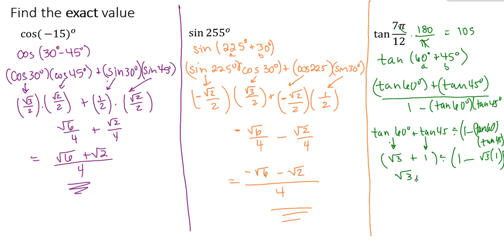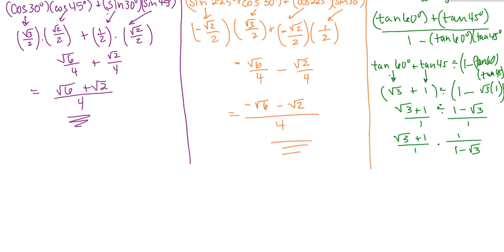So square root of 3 plus 1 divided by 1 minus square root of 3, which technically those are over 1. Okay, keep the first one, change it to multiplication and flip the second one. Now those ones disappear. We get square root of 3 plus 1 over 1 minus square root of 3. And that is it.